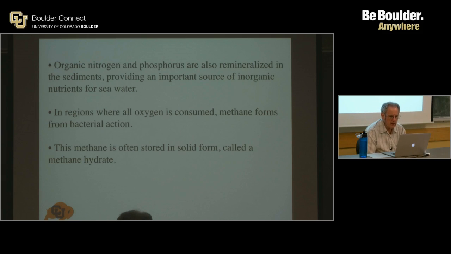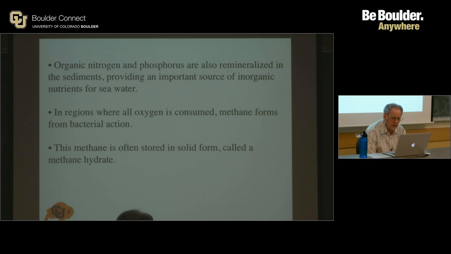So vast quantities, 10 to the 19th grams. Maybe I ought to turn that into something. Well, that's a lot of kilograms. Methane hydrate has accumulated in marine sediments over Earth's history. So there's a lot of that stuff out there.